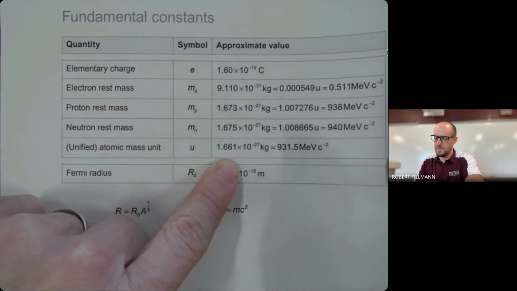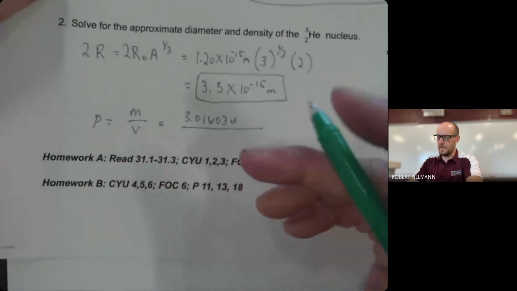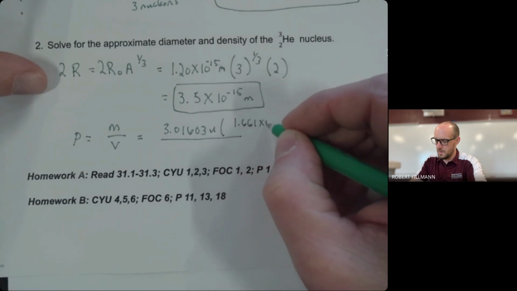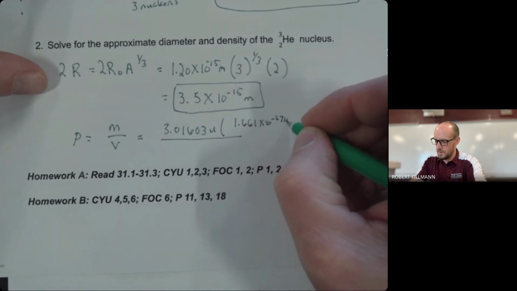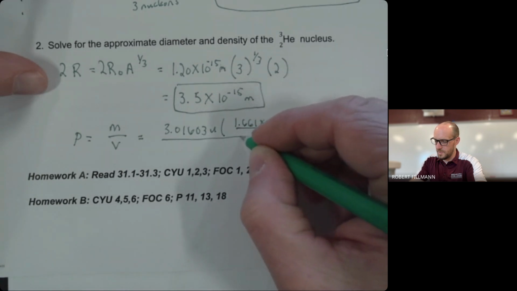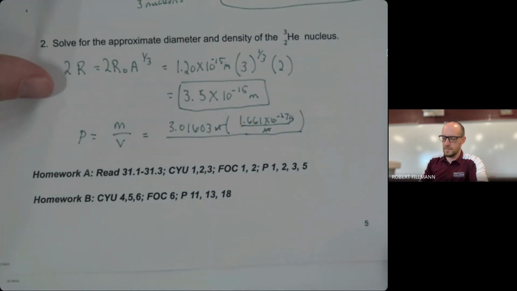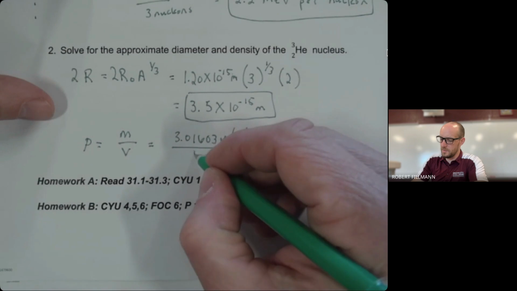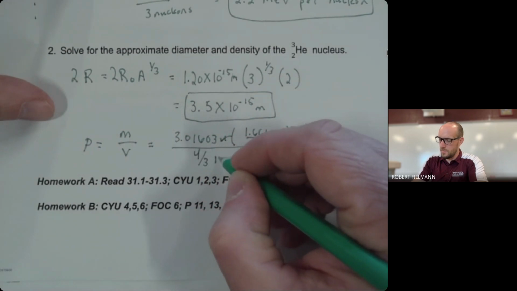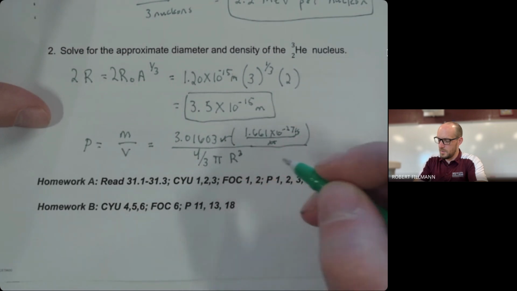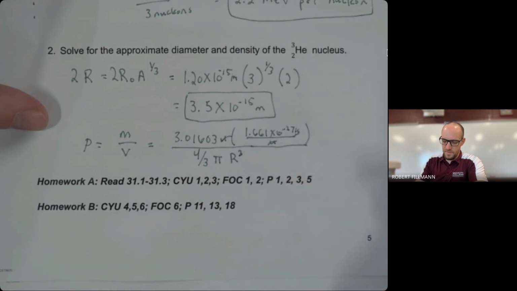Yeah, that's 1.661 times 10 to the negative 27th kilograms per atomic mass unit. So we have the kilograms of mass of one nucleus divided by the volume, and since it's a sphere, 4/3 pi r cubed, where the radius is half the diameter.